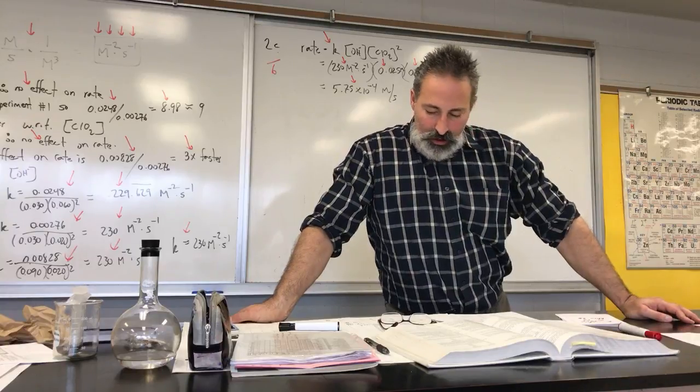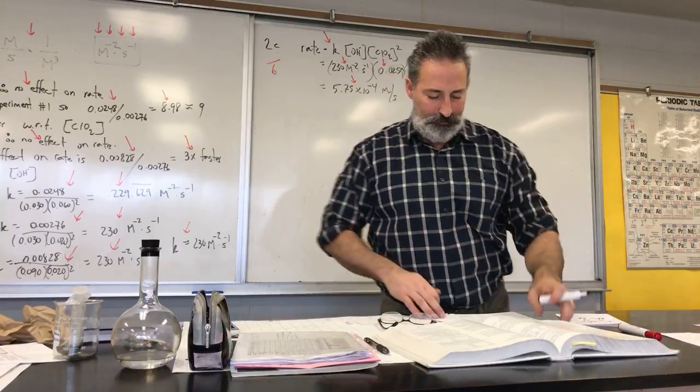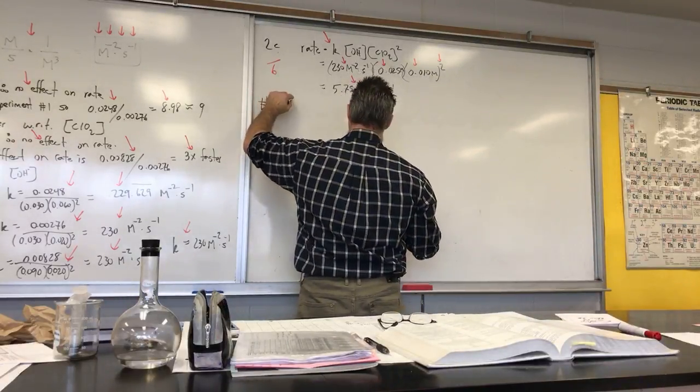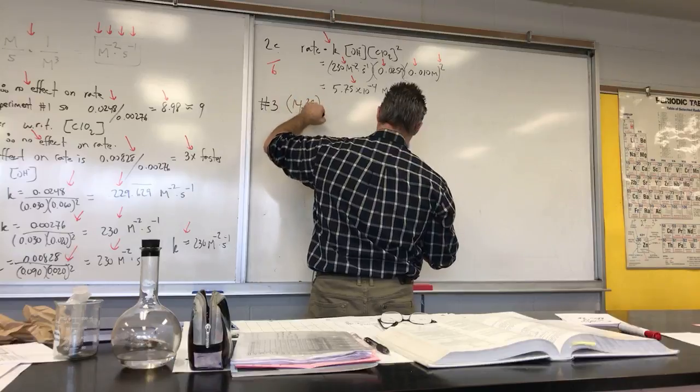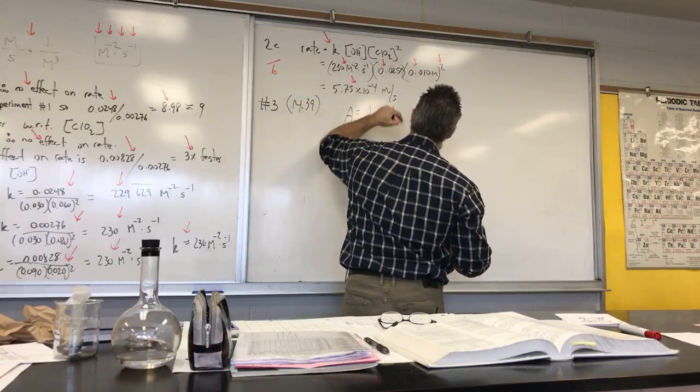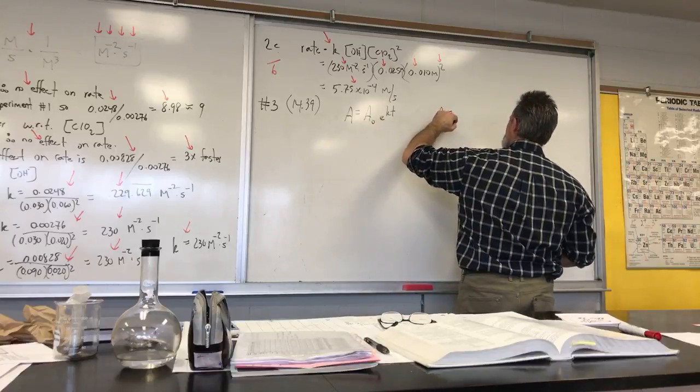So when you have a first order reaction, you can use A is equal to A naught e to the kt, where A is the concentration at some time t.